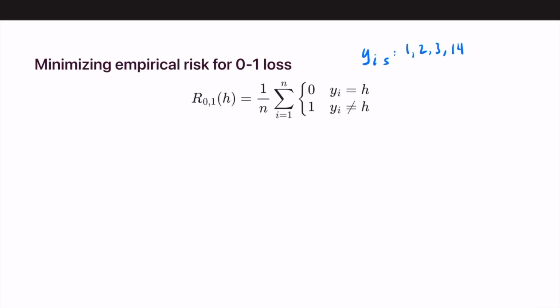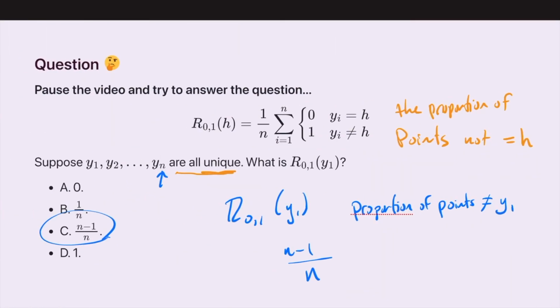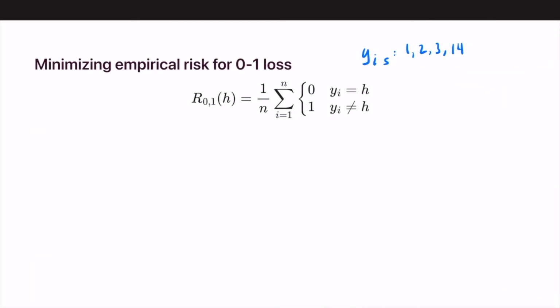So we're trying to, again, find the proportion of points not equal to h, right? This is the plain English version of what this loss function is doing. And so if we want to minimize, let me write this down maybe.